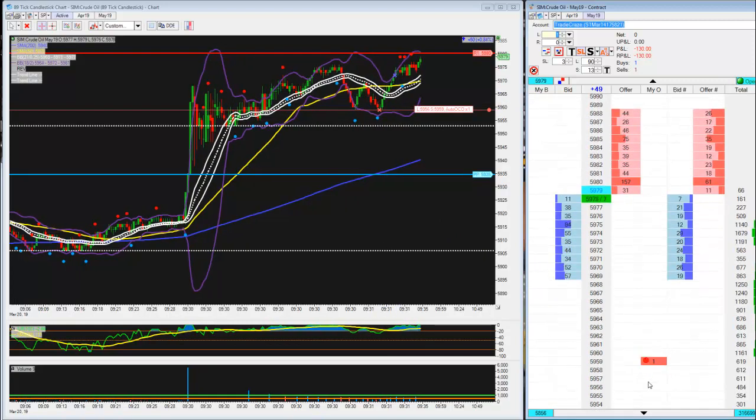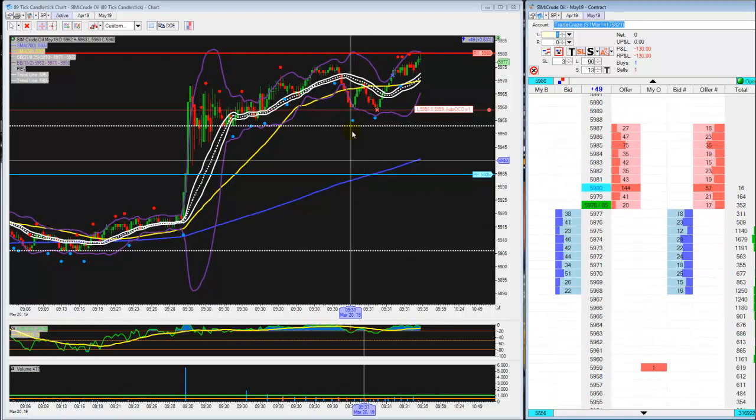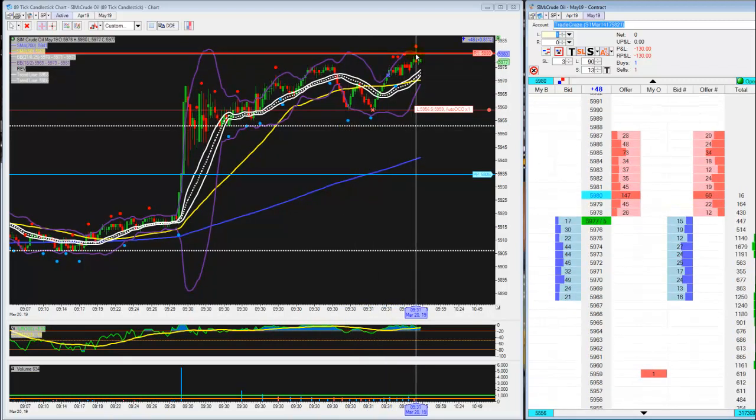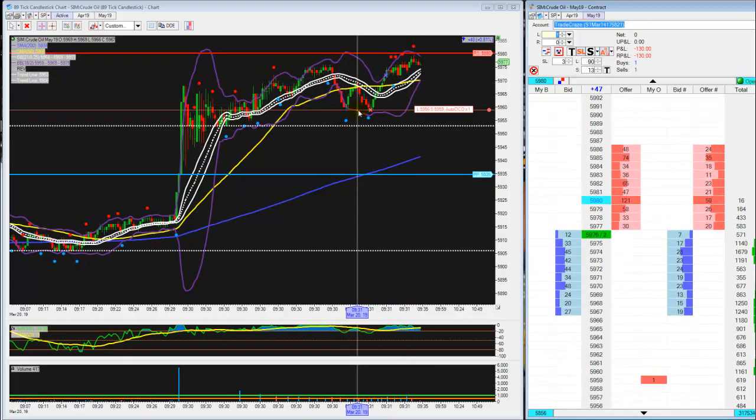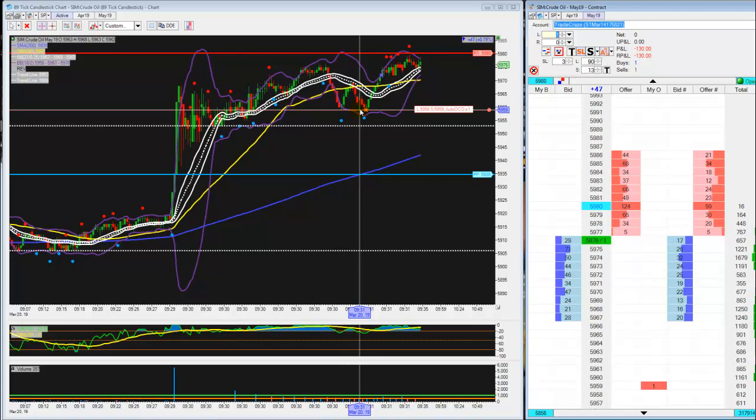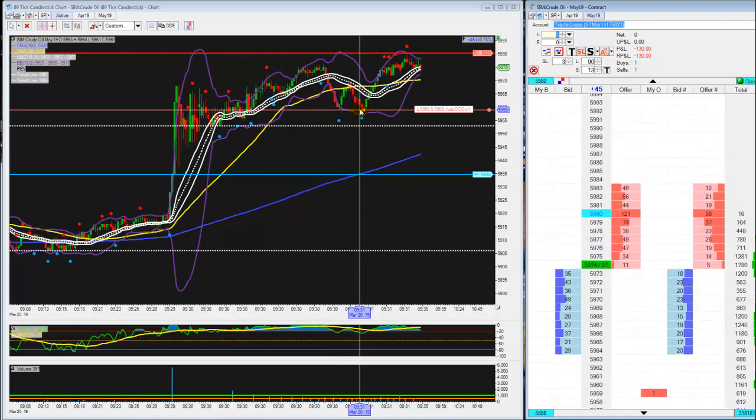Actually, should have been $59.57. Kind of screwed that up. I shouldn't have been in that first entry. The entry point should have been $59.57.